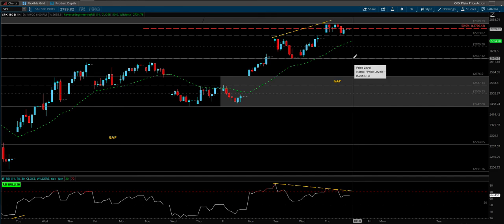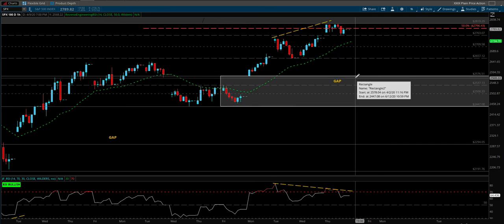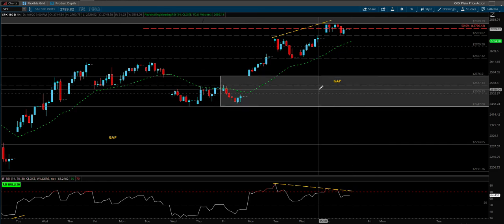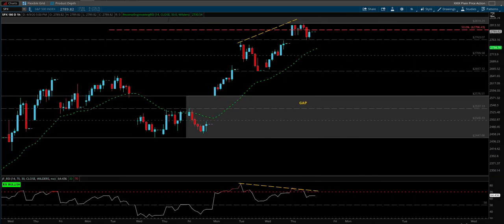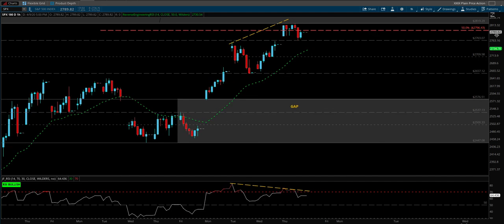This is strong support because this is the larger dotted line. And then when you come down here, you got the weekly and the gap support. So that's really what it comes down to. And depending on whether or not you think price is going to go higher or lower, or reverse from support, or that support's going to break, or resistance is going to break or hold, depends on how you want to trade it.